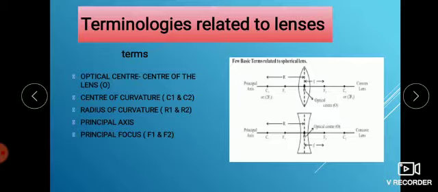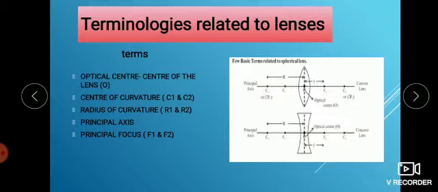Then you have the principal focus, which we are going to study. Before that, if you can see, this C, C1 and C2, is also called 2f1 and 2f2. This is f1, the focus which we are going to study. We have studied the relation between the radius of curvature and the principal focus, right? 2f is equal to R. From here till here is R. So this can also be written as 2f1.